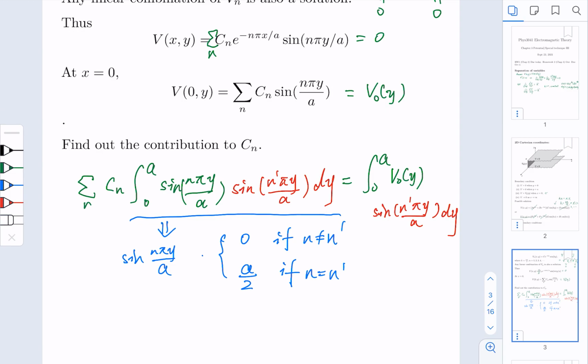Because this integral only takes a finite value when n equals n prime, the sum here is only non-zero at n equals n prime, which means here is Cn prime. So the second term is a over 2 already.